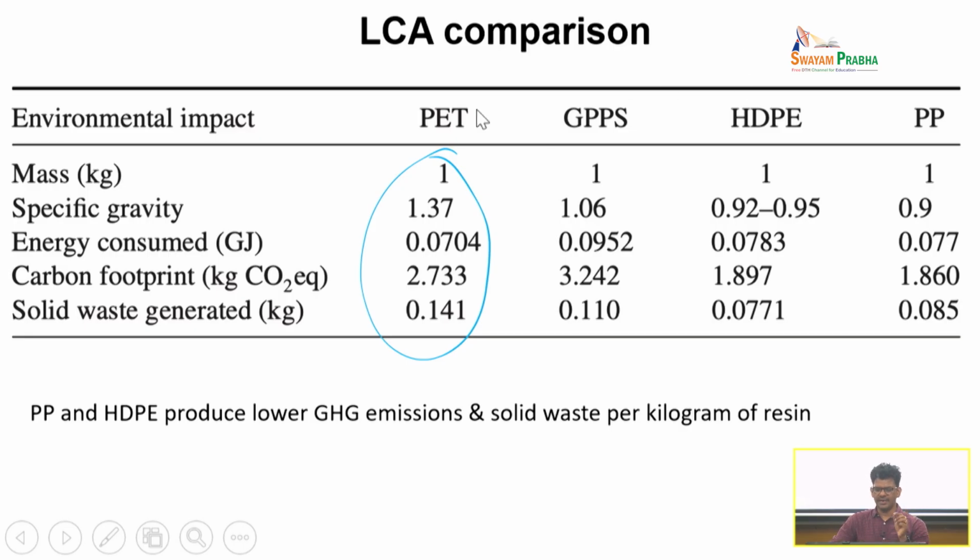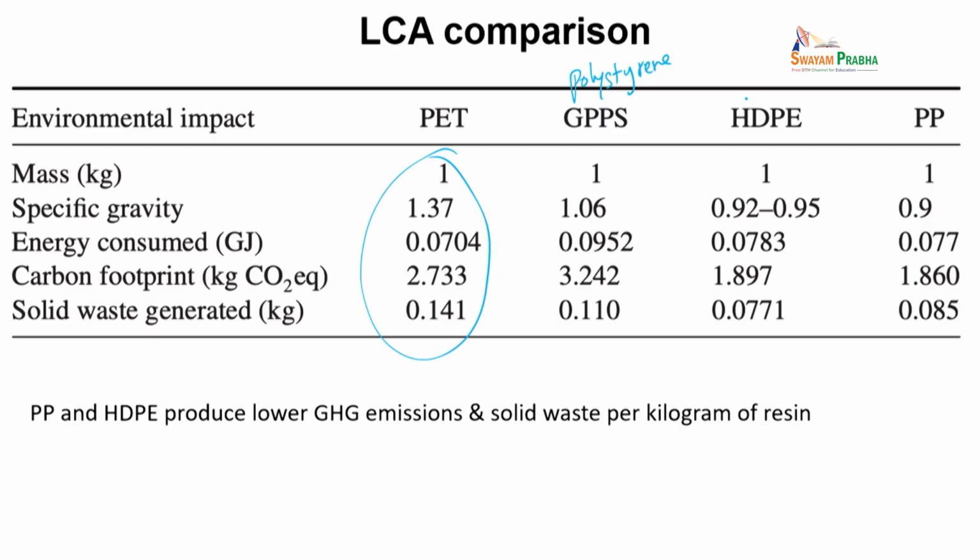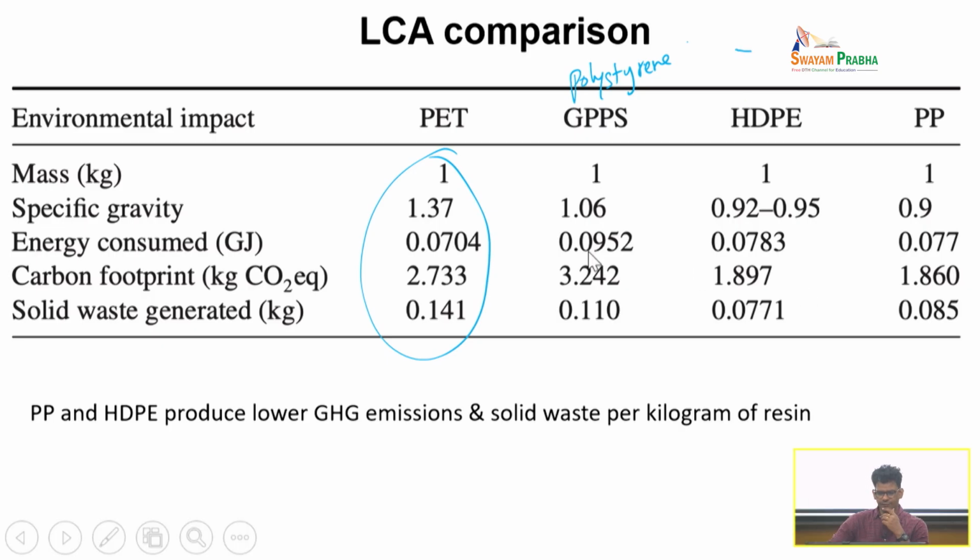So we are comparing PET, GPPS, which means general purpose polystyrene, so this is basically polystyrene, and this is high density polyethylene, and this is polypropylene.